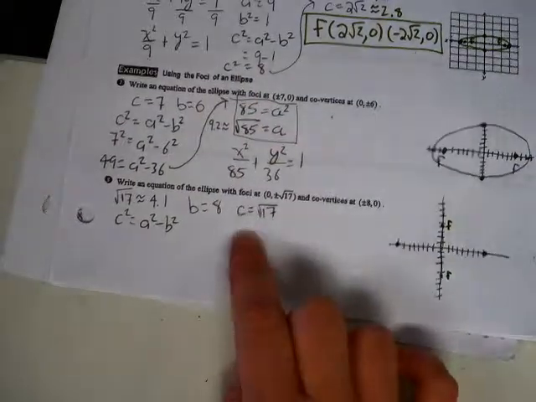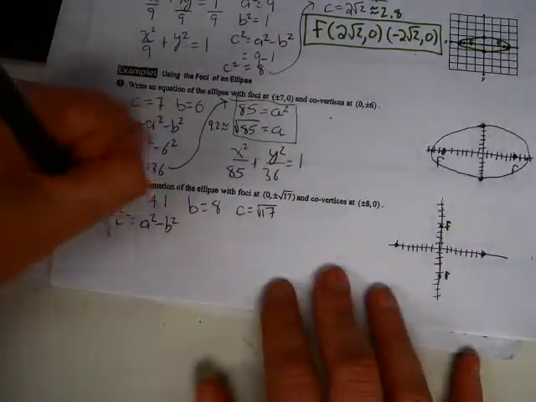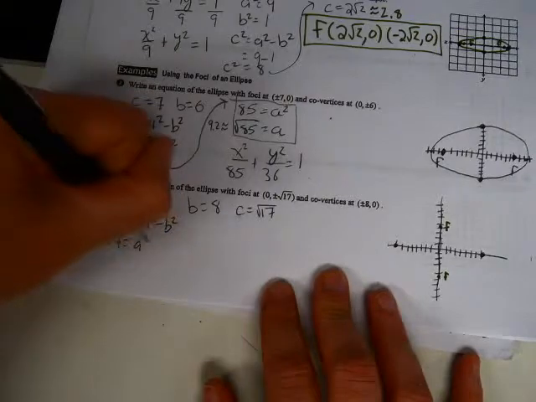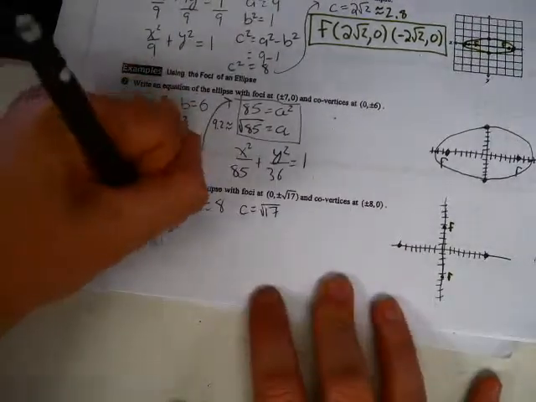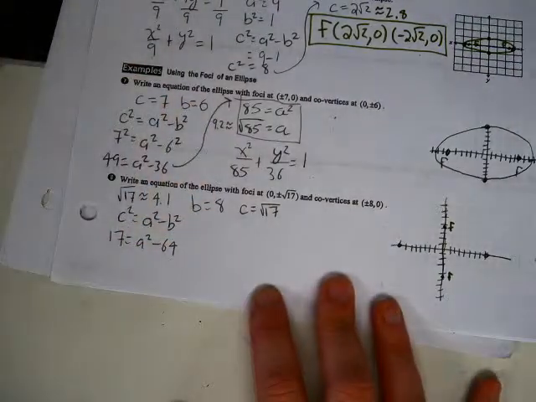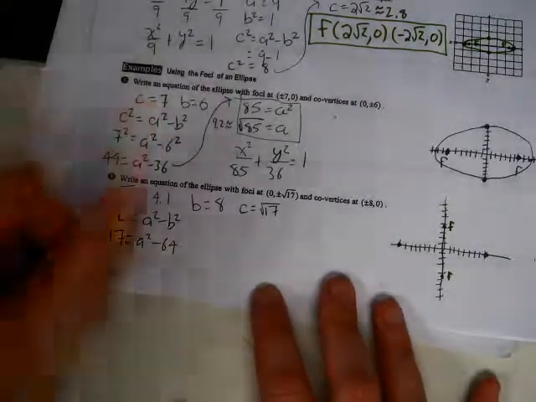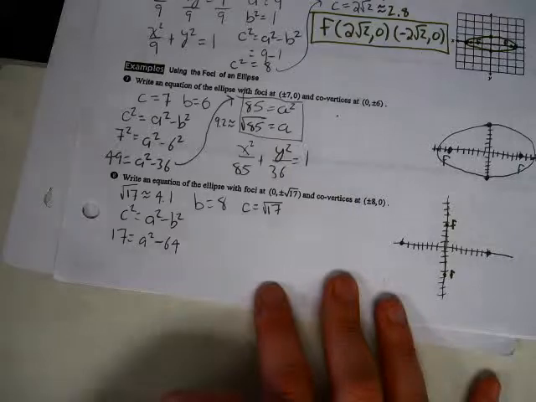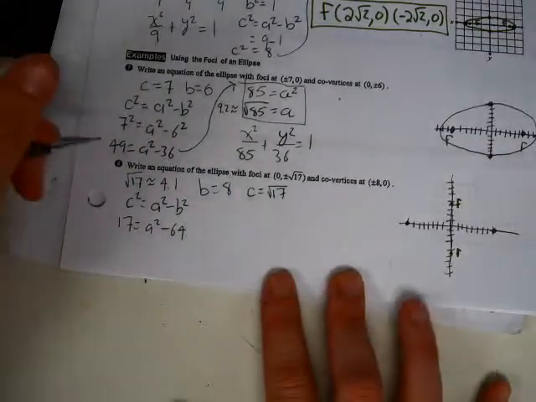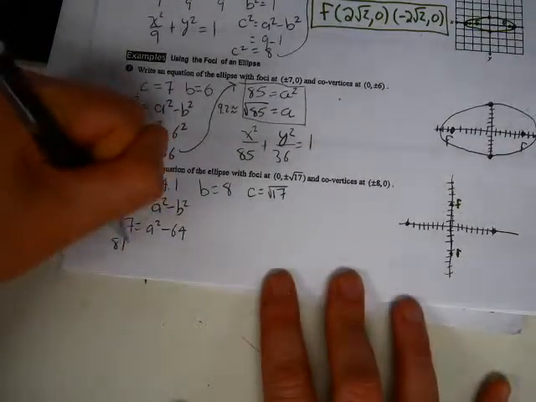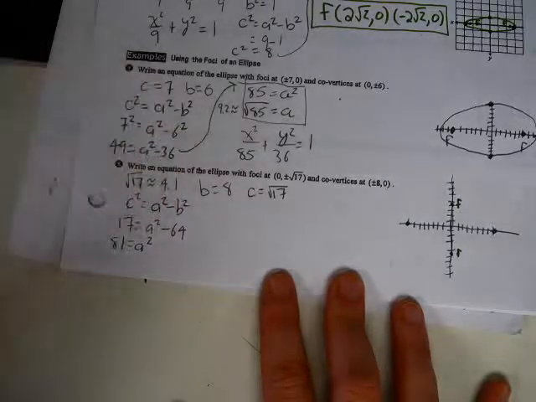C squared equals 17, and B squared equals 64. So I'm going to add 64 to both sides. That gives me 81 equals A squared.